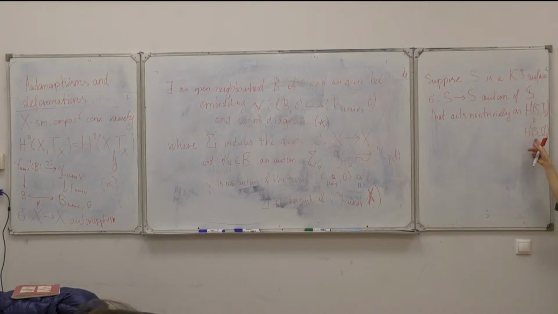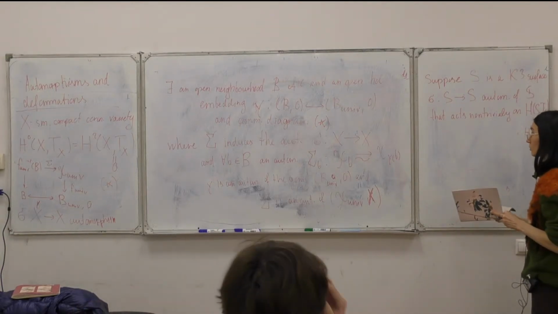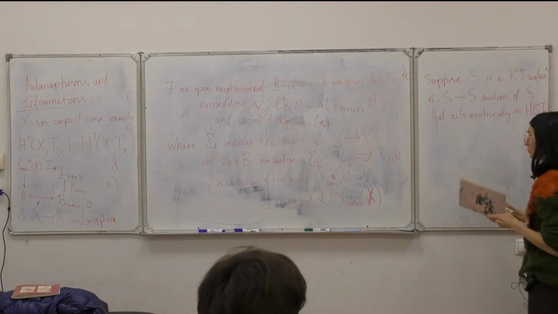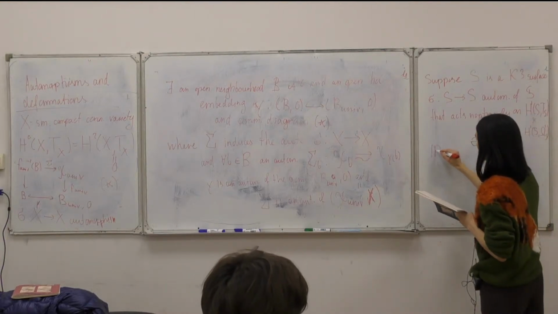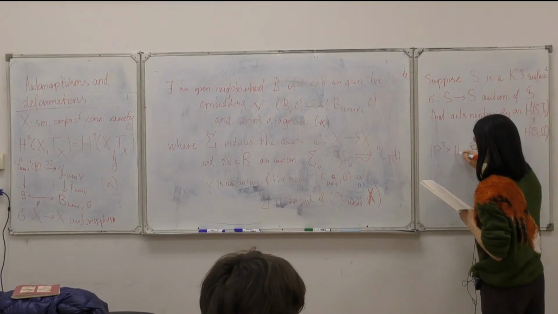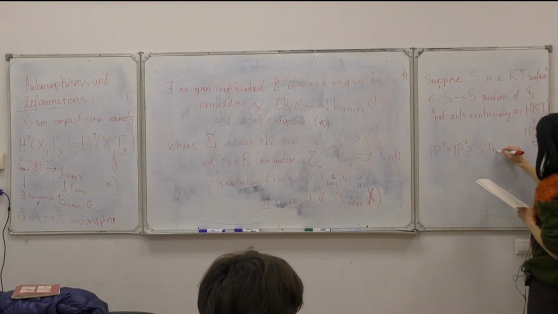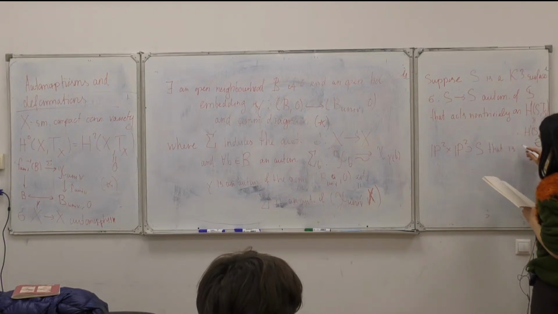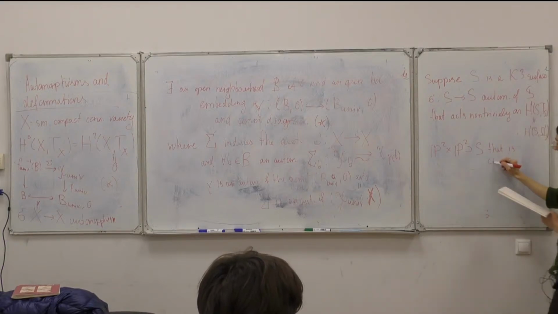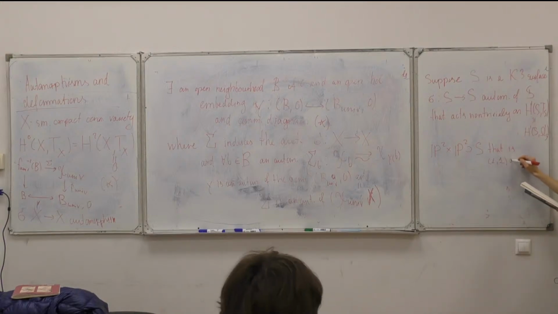And if you find an automorphism of a K3 surface that acts non-trivially on its Picard group, then we are done. For example, we can consider a K3 surface that is an intersection of two divisors of bidegree (1, 1).